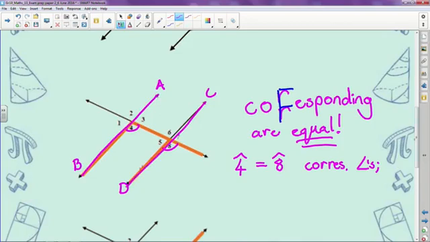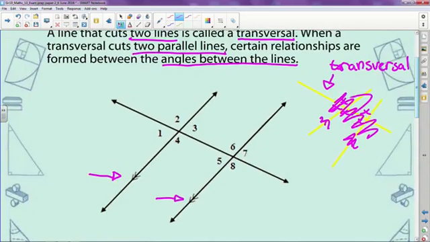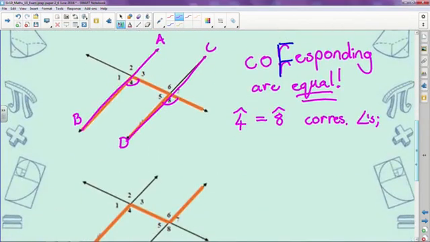Otherwise, it'll just be one of these rubbish diagrams that we have at the top that I've scribbled all over. So, we need to state that AB is parallel to CD. Otherwise, the corresponding angles would not be equal.